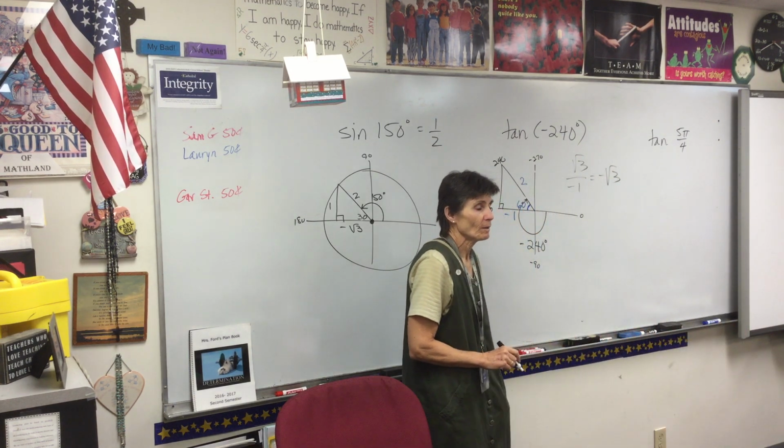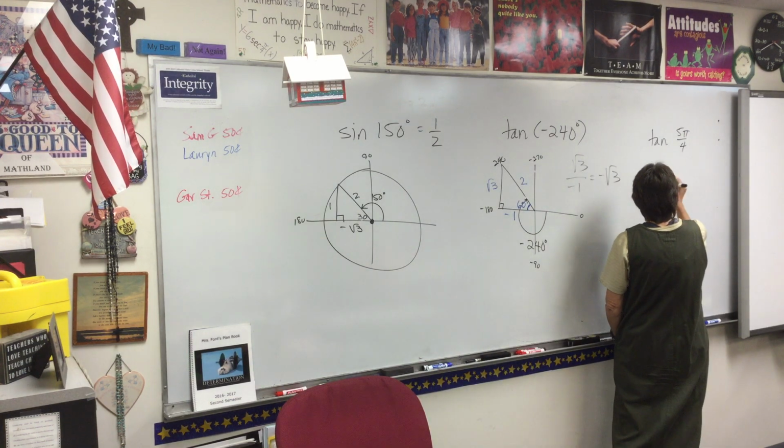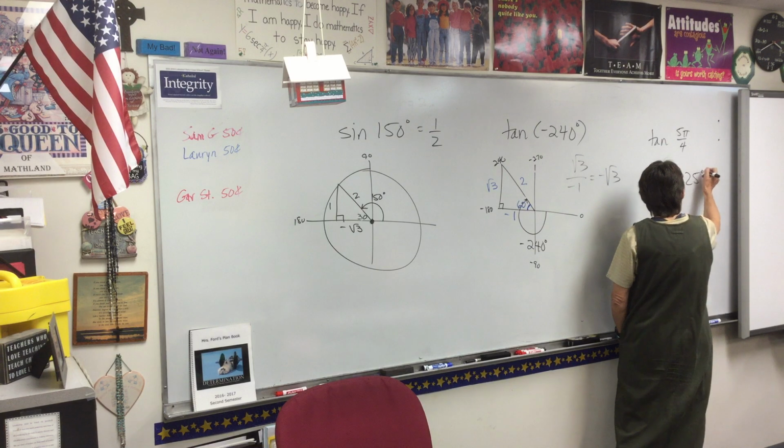What's 5 pi over 4? 225. So we're finding the tangent of 225.